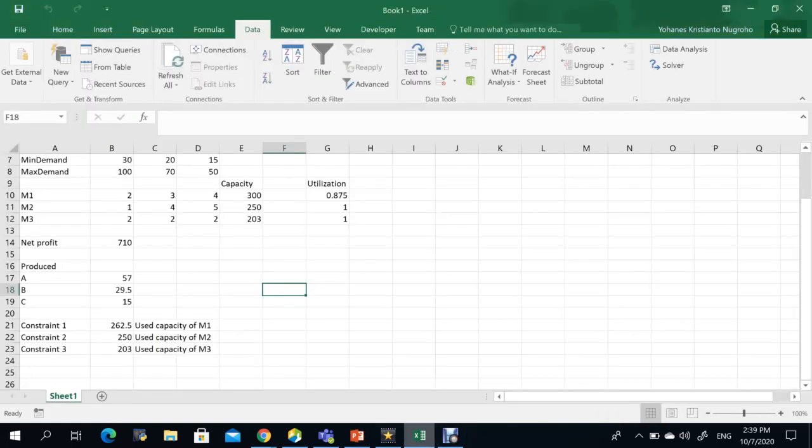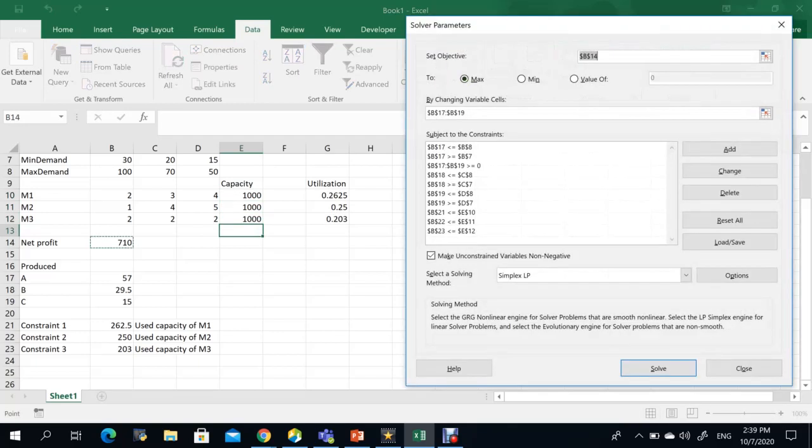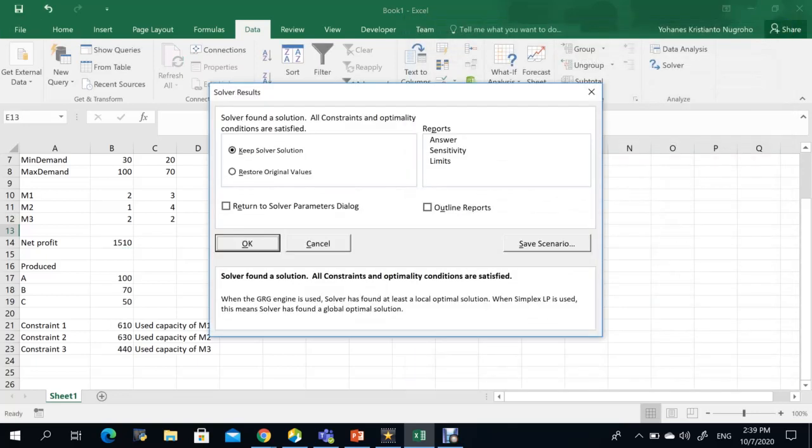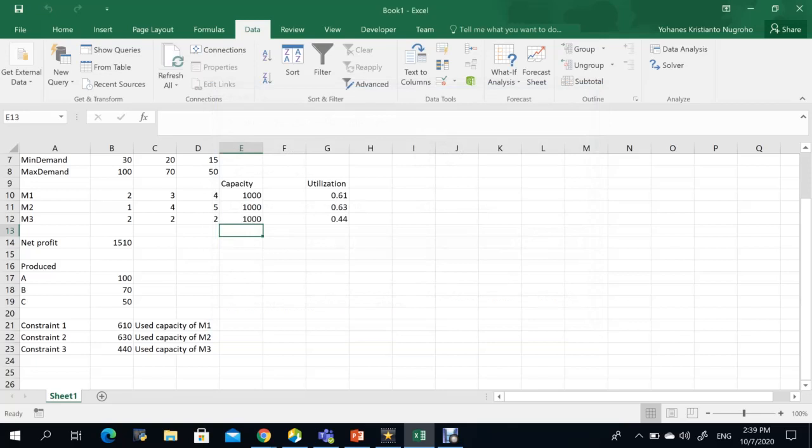And we can change here, it was 203, and then we can change to 1000. Here to 1000, right? And let's see how many product A, B, and C can be produced. And therefore we have 100, 70, and 50. That is the maximum demand can be covered by increasing capacity to 1000.